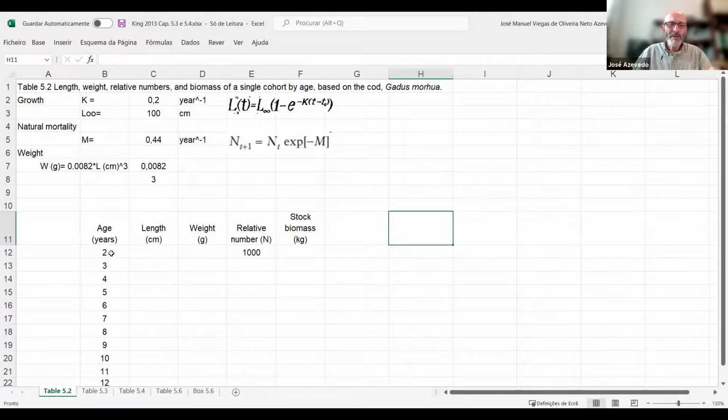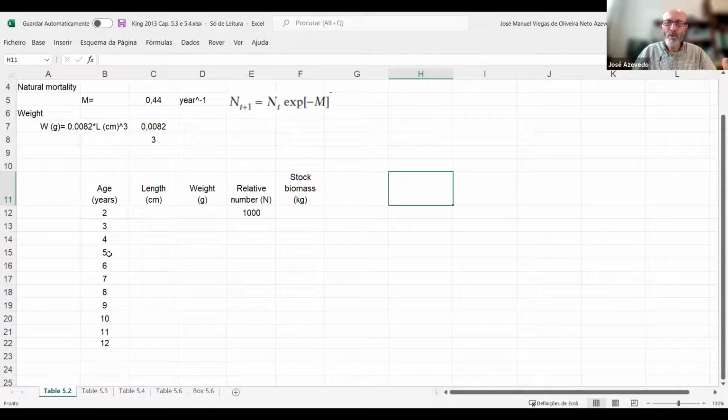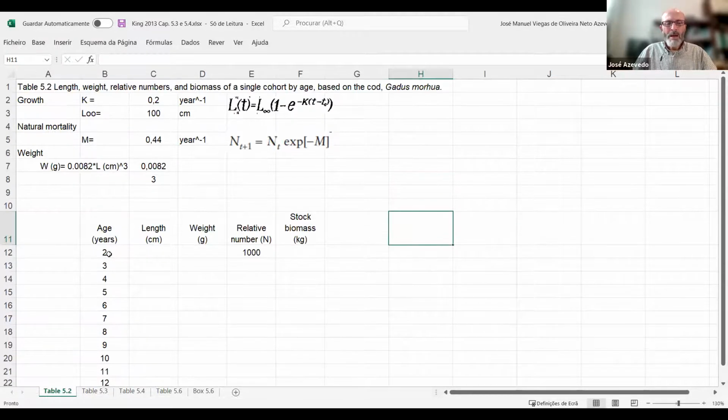This table asks you to reconstruct the cohort in terms of the age of the fish from 2 years until they are 12 years old. What you will do, as I said, is to calculate the length that each individual fish will have at 2 years, 3 years, 4 years, and so forth.